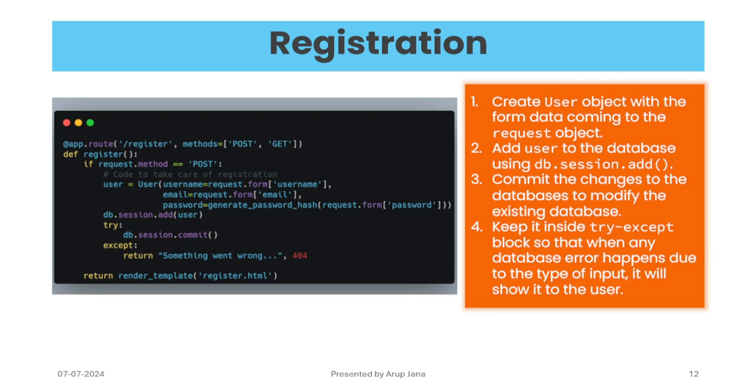If the user gives a value longer than that, the database will give you an error. So you have to handle that. To handle that, I have used a try except block. If we get any exception from the db.session.commit line, we will go to the except block and return "something went wrong" with a status code of 404, which stands for not found. So this is all about the registration code.